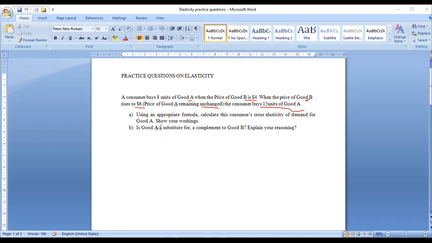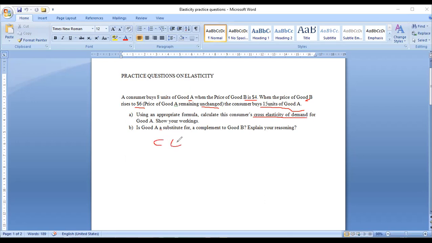Part B: is good A a substitute for or a complement to good B? Explain your reasoning. So the very first thing you do here is, now you know that they're asking for cross elasticity of demand, so we must know the formula.